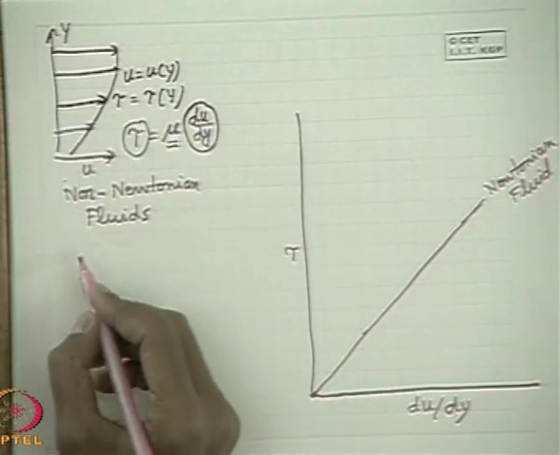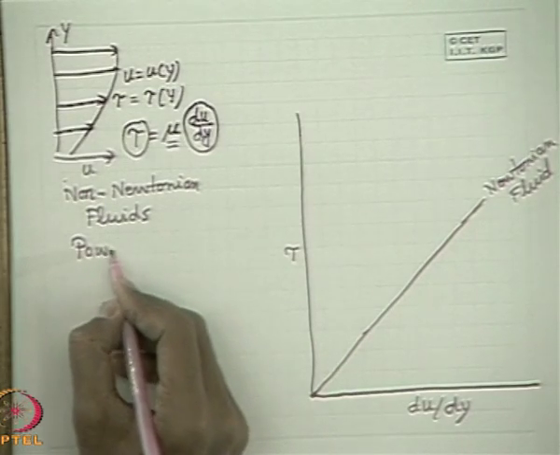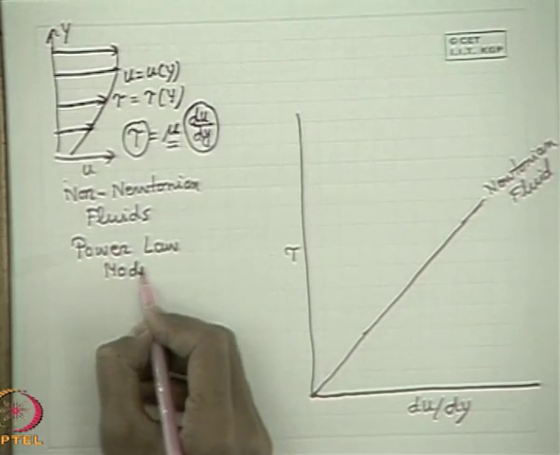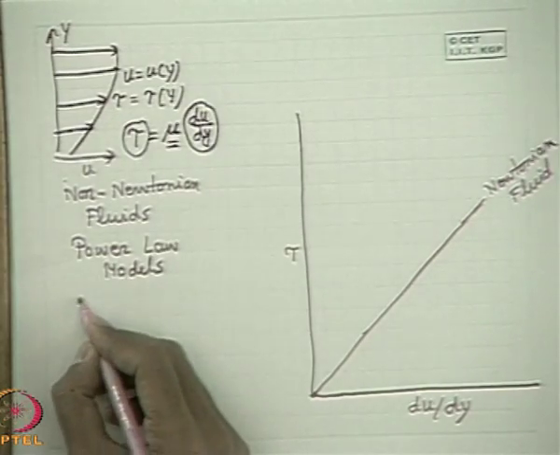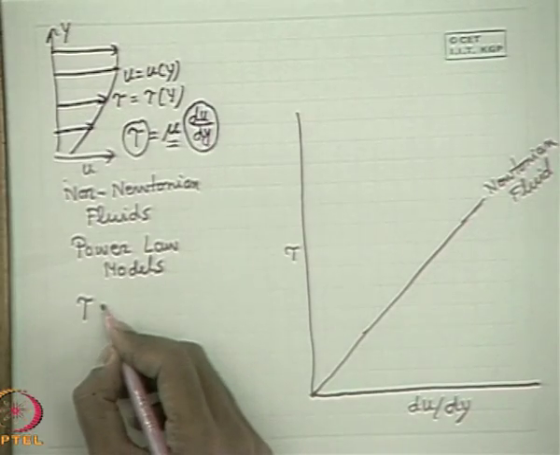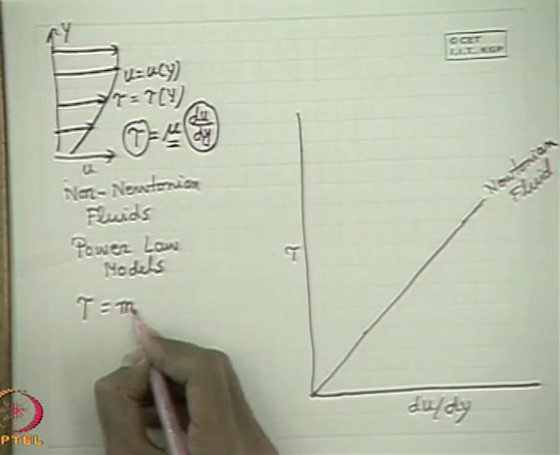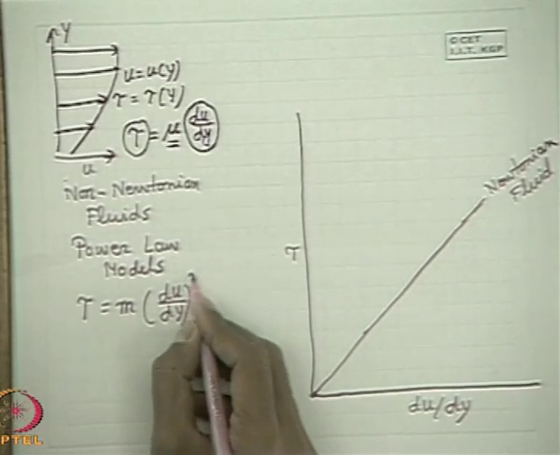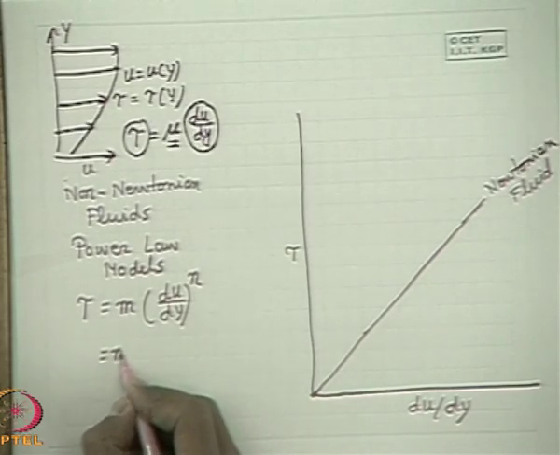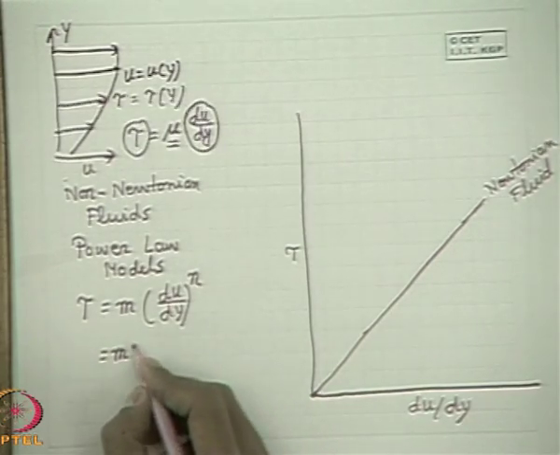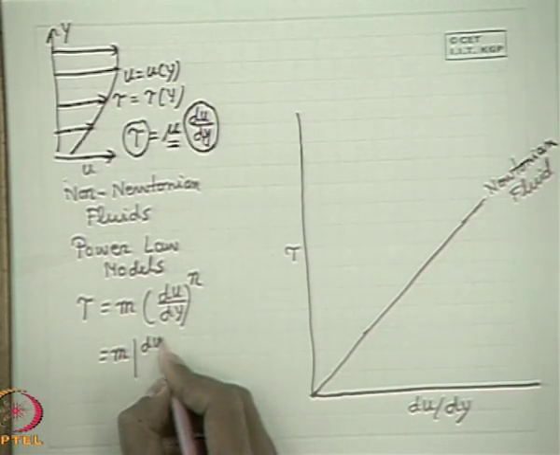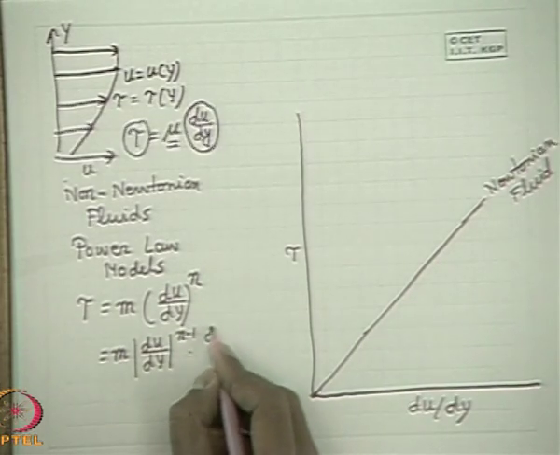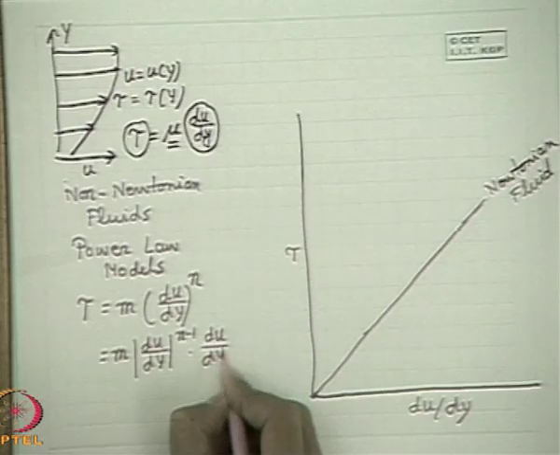So we discussed a very simple power law model for a class of fluids, in which the relationship between tau and du dy bears a power law type relation, that is, m into du dy to the power n. Or we expressed it in a little different way: m into du dy to the power n minus 1, into du dy, to give the sign of tau.